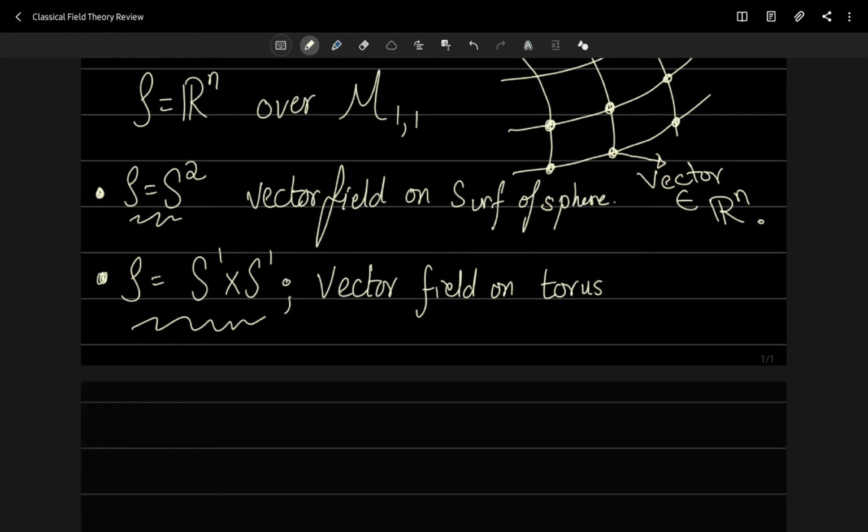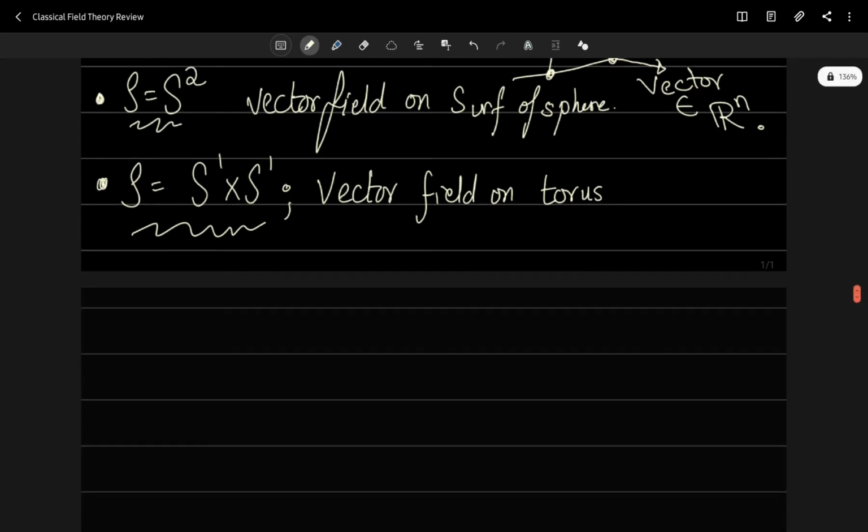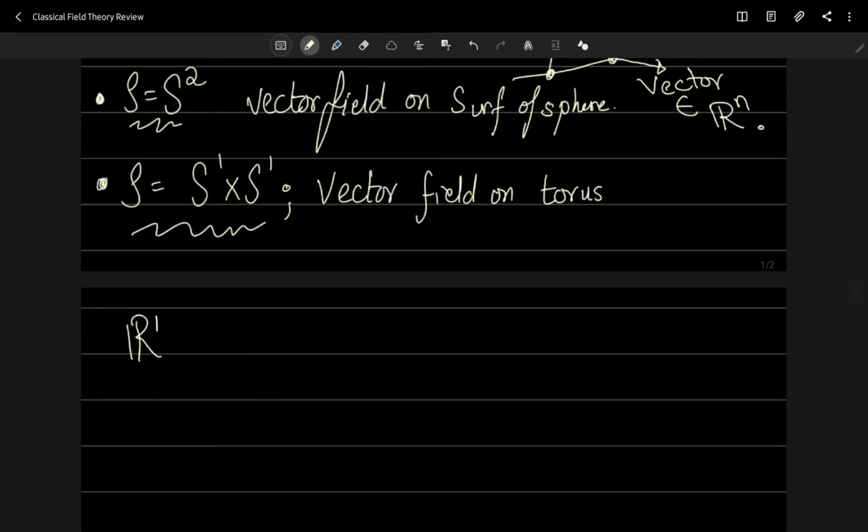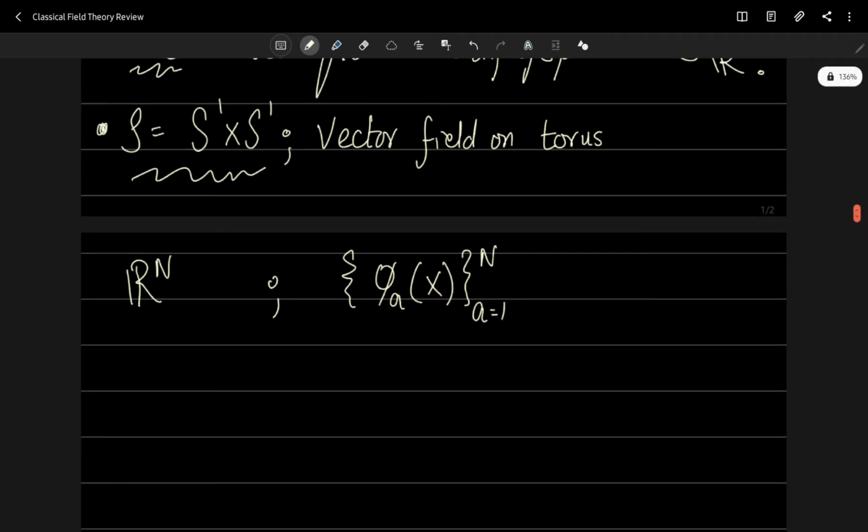Note that when our target space is the n-dimensional vector space, the vector field is described as a list of n scalar fields. So the vector field is described with this set, phi^a(x), with a from 1 to n, and x over here is your coordinate four-vector.